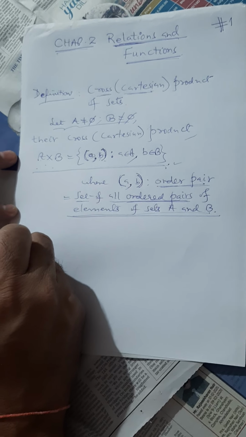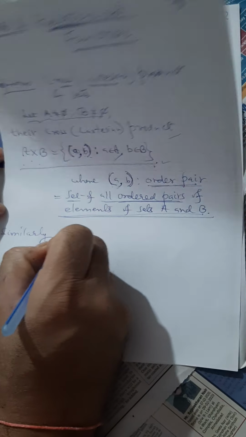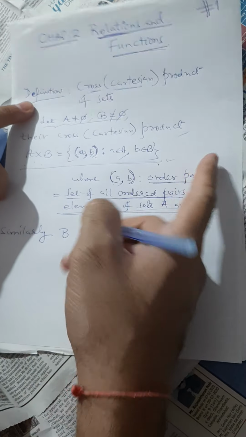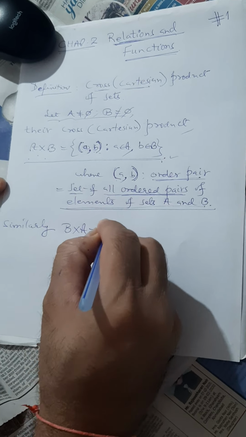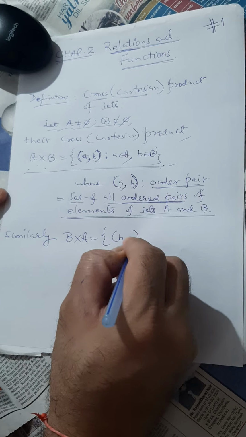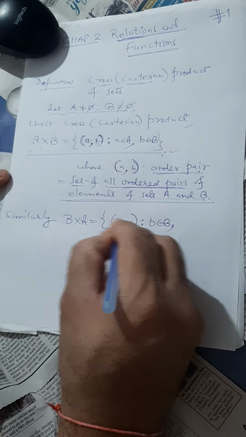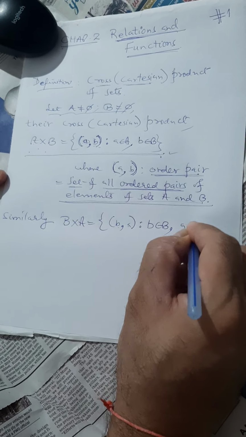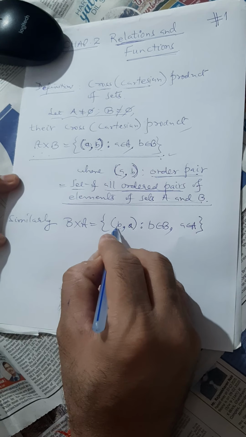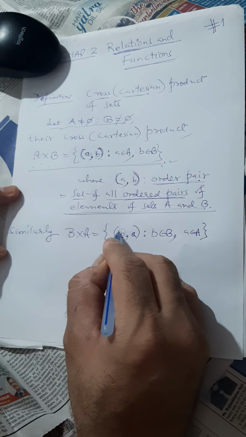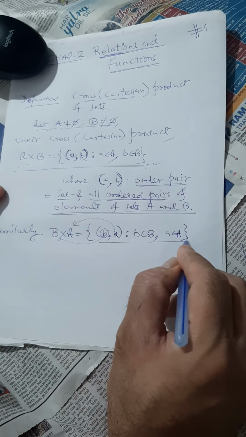For example, similarly, if I write B cross A, it is a set of all members of the type (b, a), such that b comes from the first set B and a comes from the second set A. Order is important, remember, the way the objects are taken. The first member should come from the first set, the second member should come from the second set.